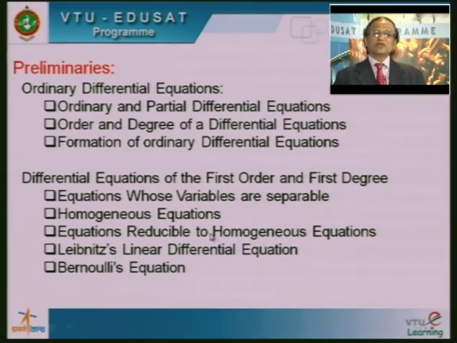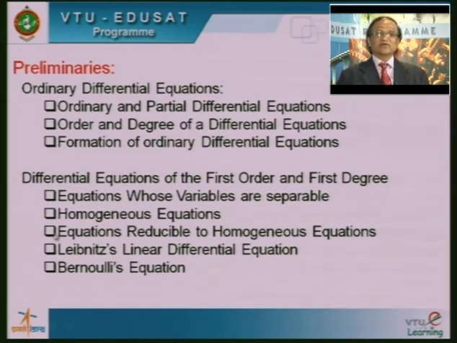Where p and q are functions of x. Such equations we call a linear differential equation or first order linear differential equation, or sometimes you can say linear in y. Is it clear? I want to repeat once again, dy by dx plus py is equal to q. That equation you may call linear in y.